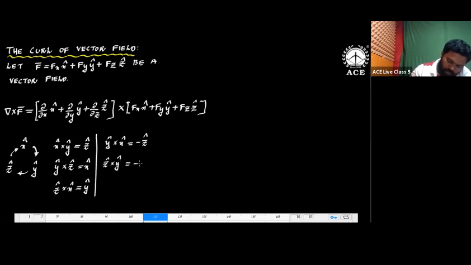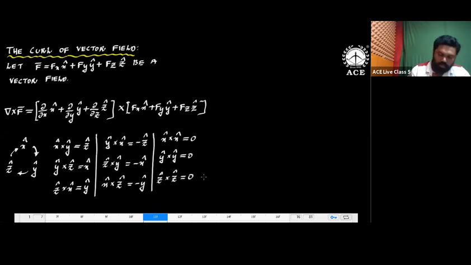Z cross y is minus x cap. X cross z is minus y cap. X cross x is 0. Y cross y is 0. Z cross z is 0. So these are the cross product rules.